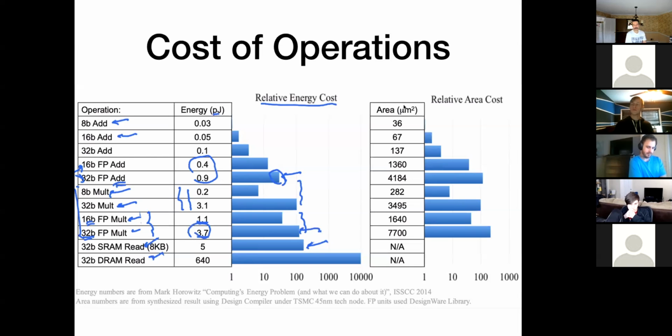So multiplication essentially is a much more expensive task in your computer. And comparing again these two integer operations with these two, again a lot smaller, relatively speaking, with respect to the multiplication.